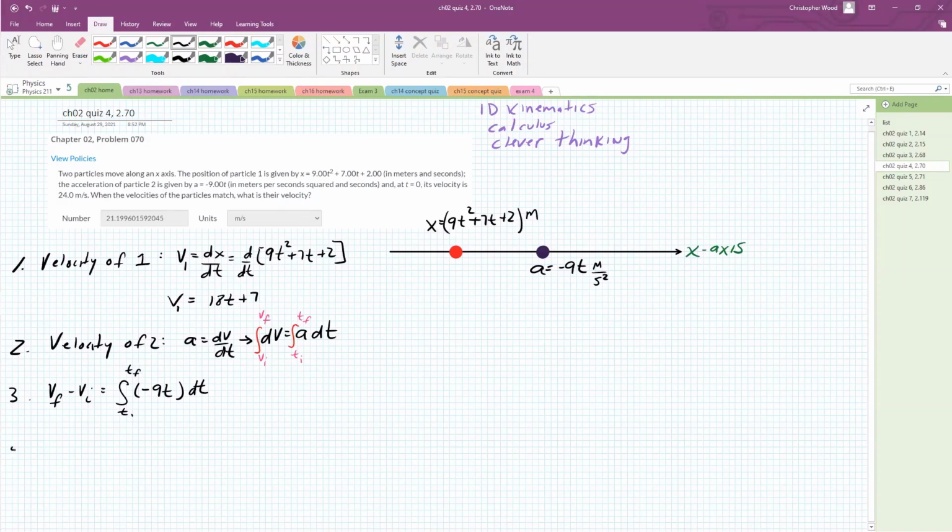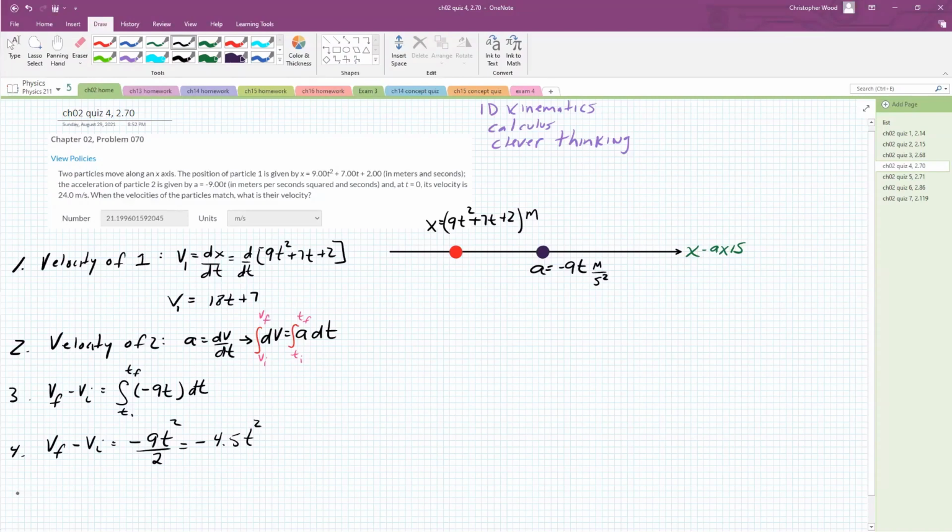So let's keep going with this. V final minus V initial equals, what's the integral of negative 9t? It would be negative 9t squared over 2, which equals negative 4.5 t squared. So that's it.